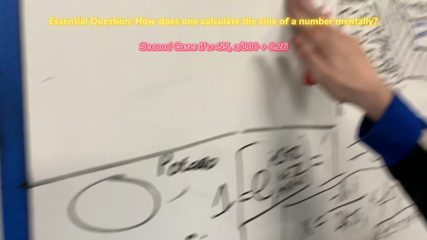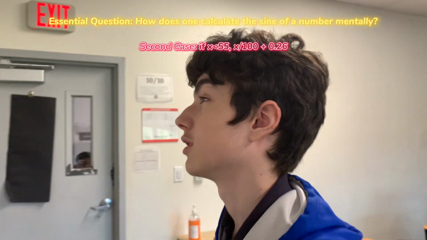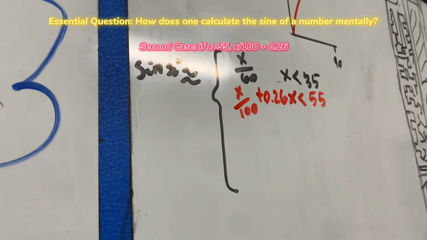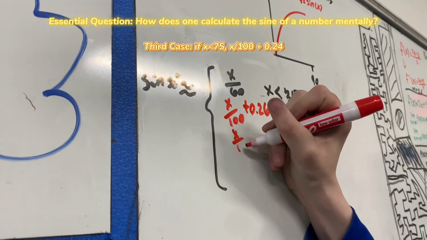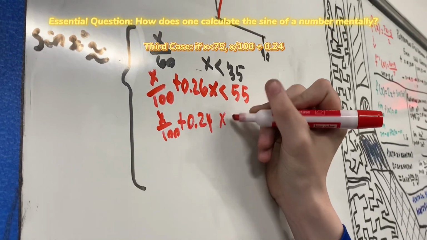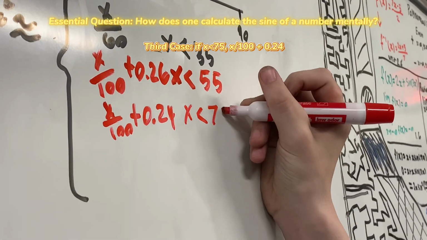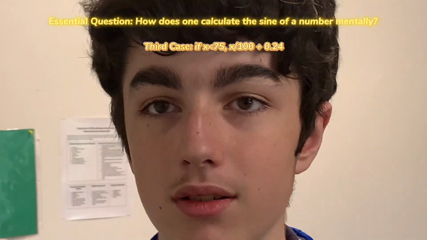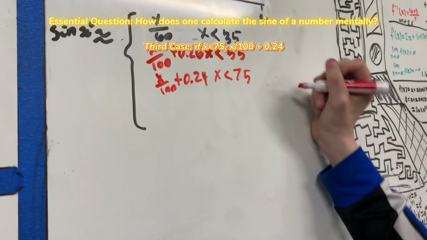What about above 55? I'm going to try as hard as I can to remember this. I think it was x over 100 plus 0.24 for x less than 70. Why 25? Well, that felt right. I don't know. Okay, let me make sure.